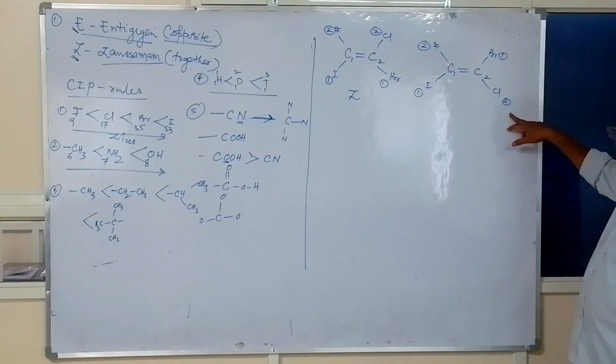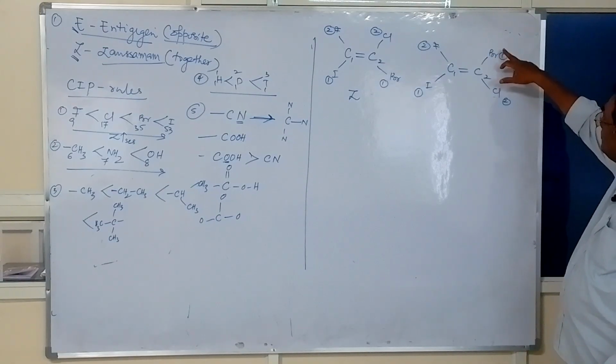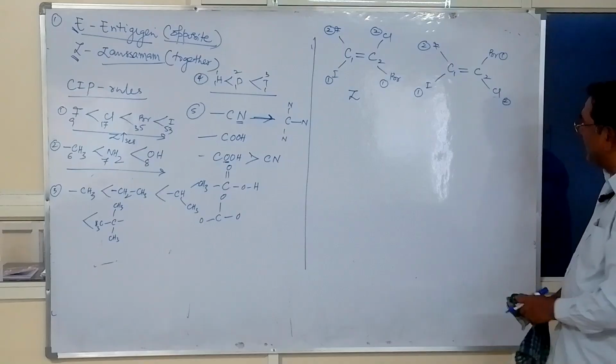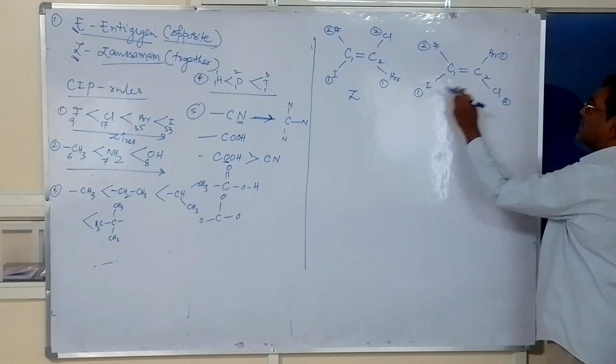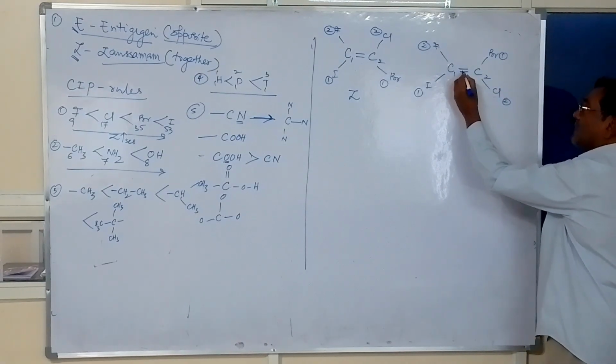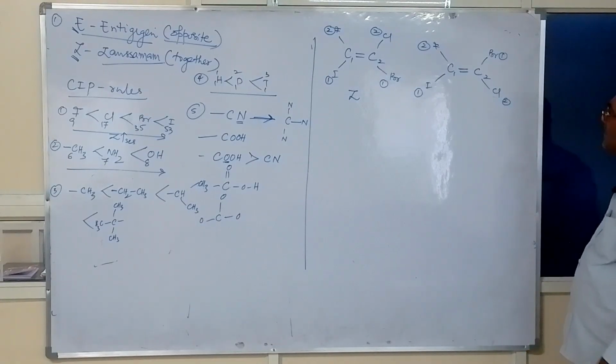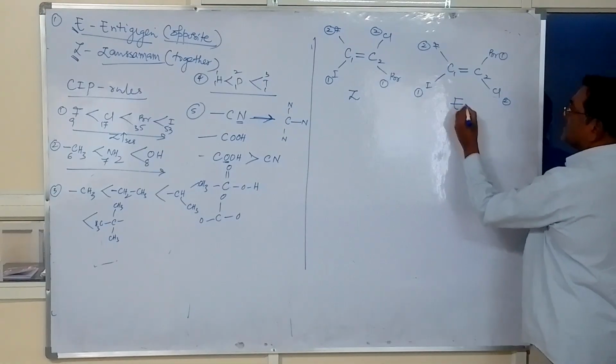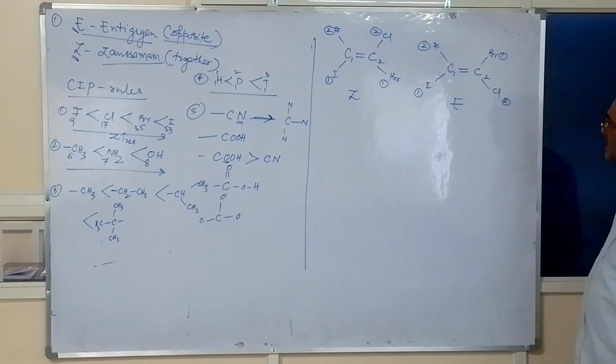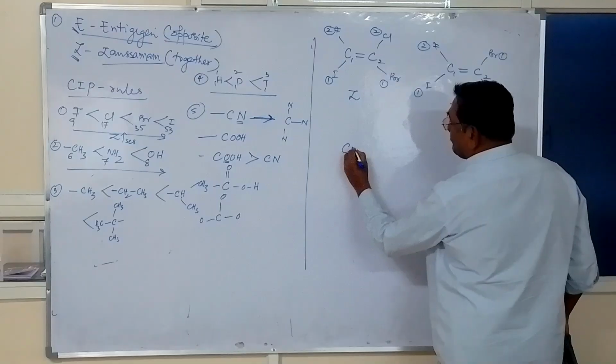Here also, the highest priority group is on the upper side of the double bonded plane. These two are going to be opposite in the double bonded carbon atoms plane. That's why this is considered as Entgegen.